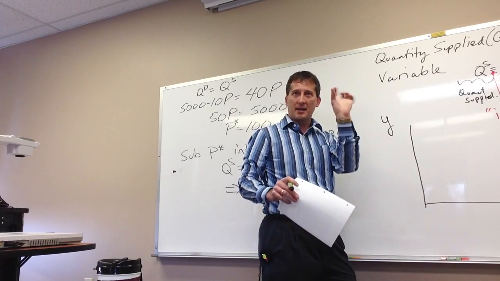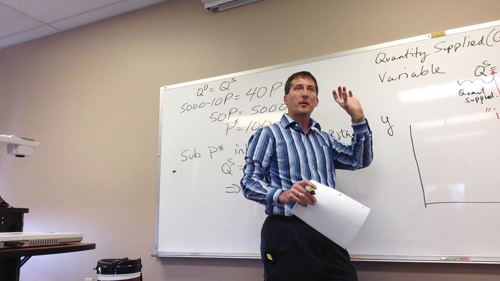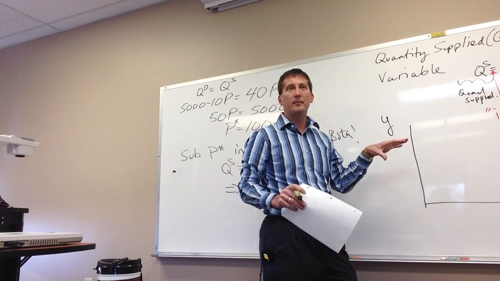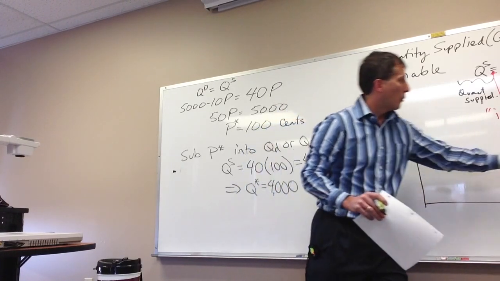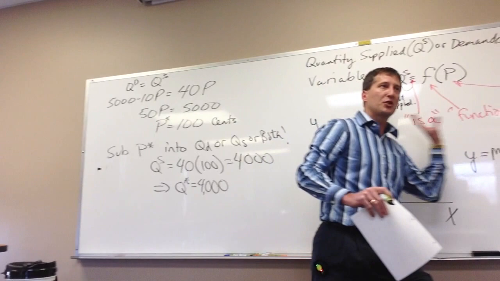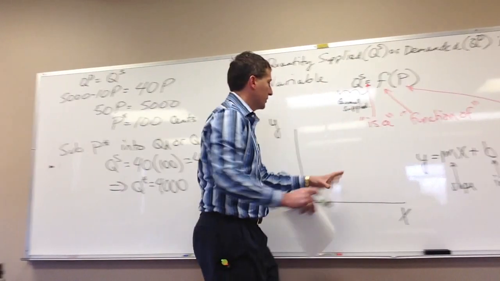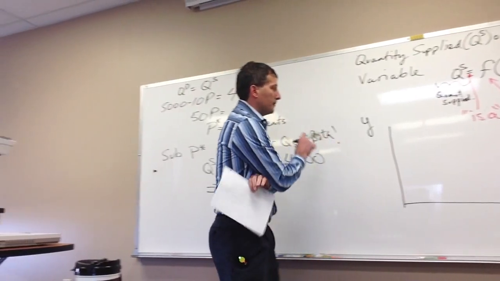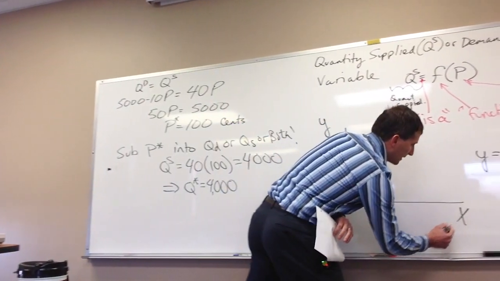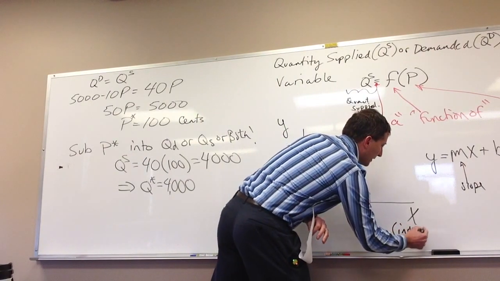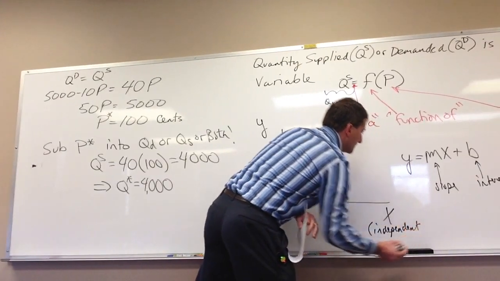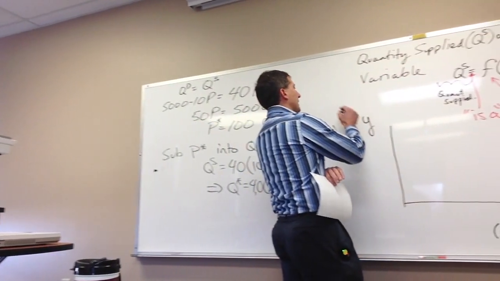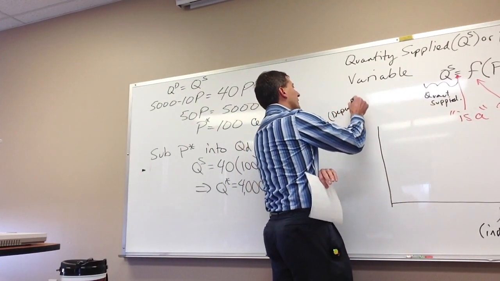And that's what caught us yesterday, or on Monday, when we were thinking about that intercept of 400, which is part B of this problem, right? So y is to the left, all the other junk is to the right, and when you do it that way, this is the setup. So the thought here in math class is that x is the independent variable, and y is the dependent variable.